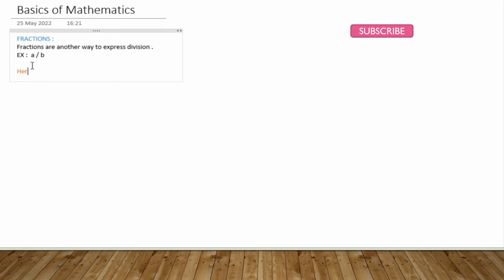Here the name a is called numerator and b is called denominator.